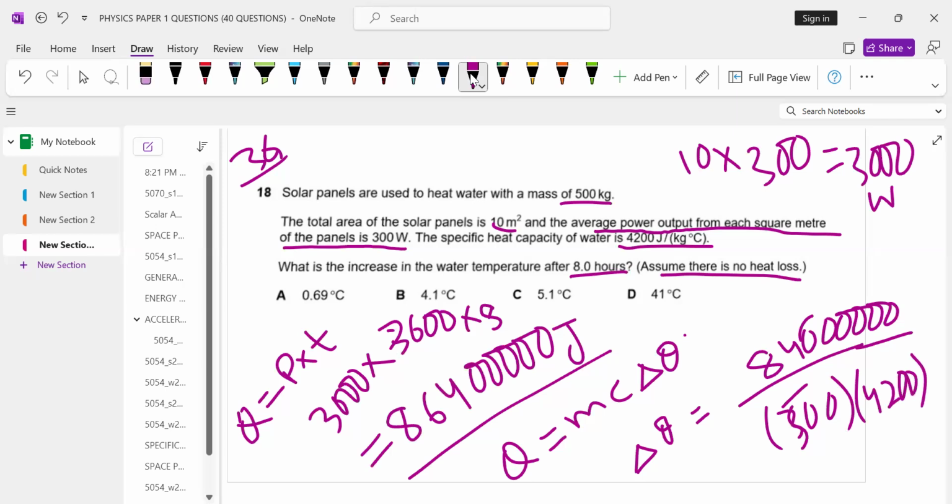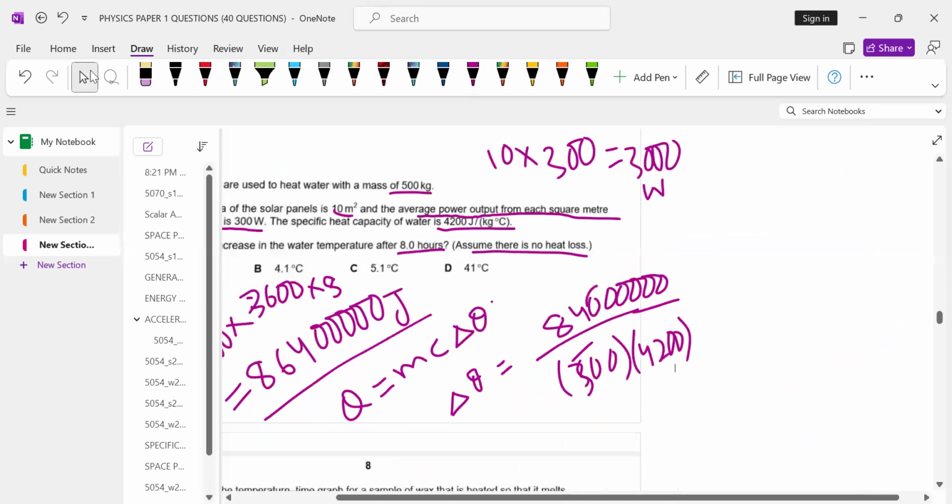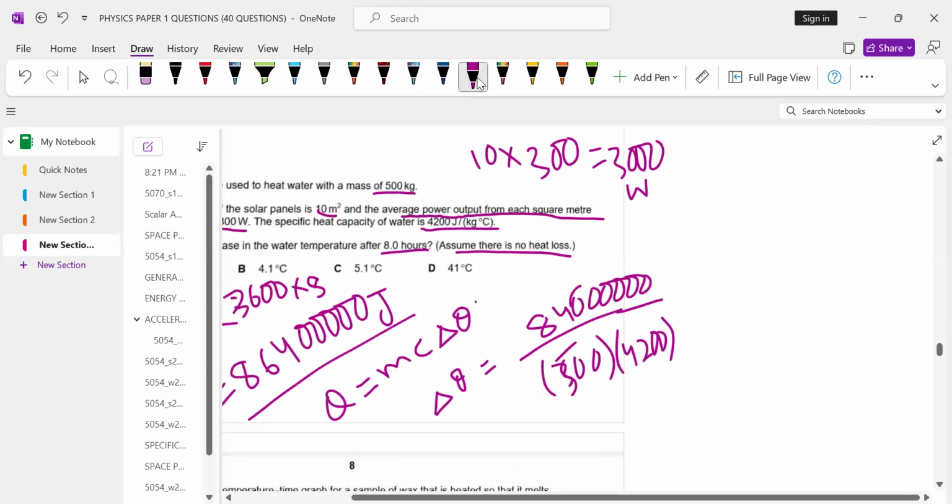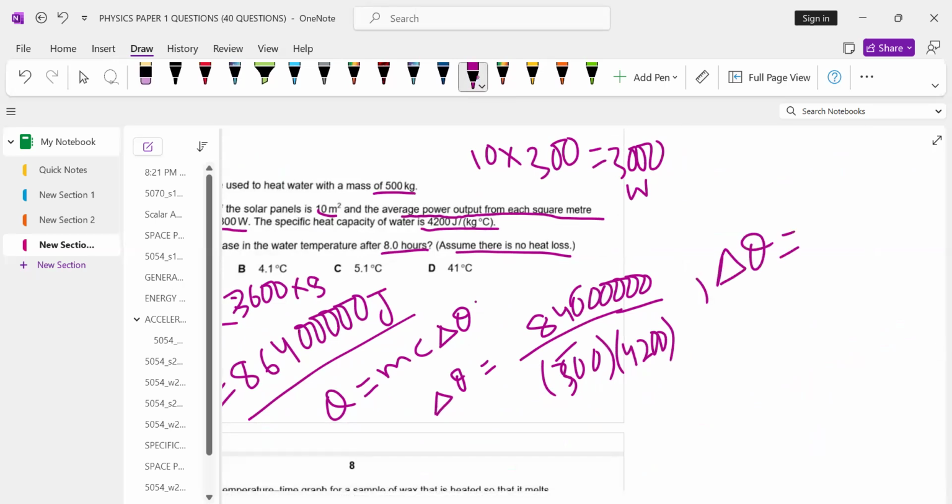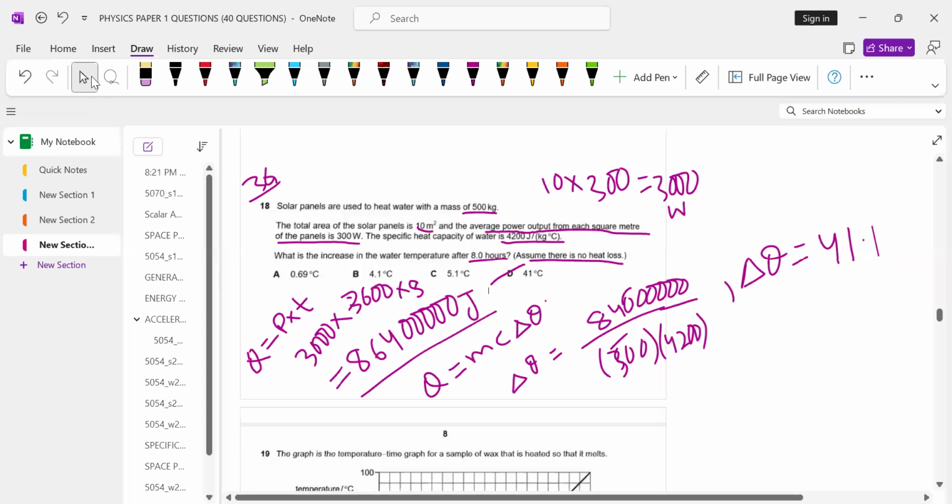When you put this in the calculator, the answer comes 41.1, which means 41. So option D is correct for this question, which is question number 36.